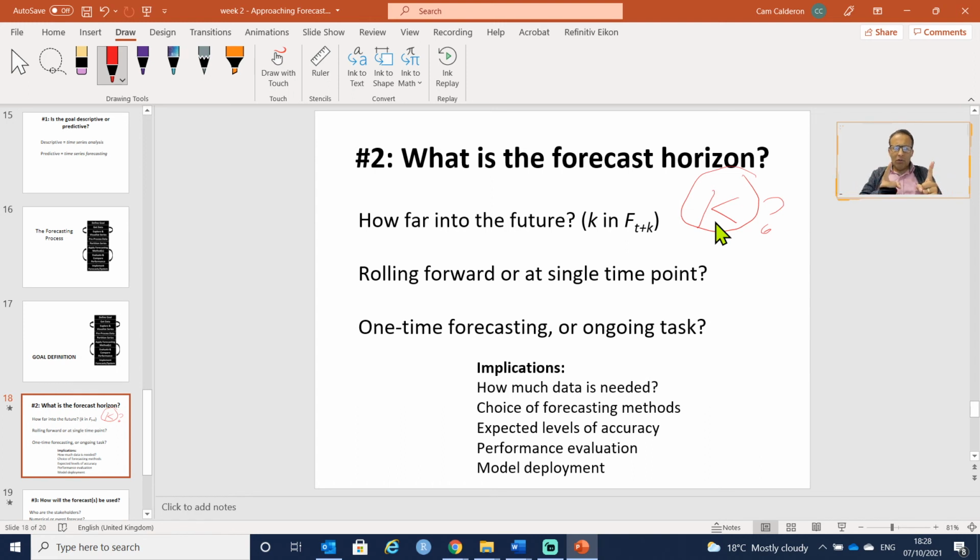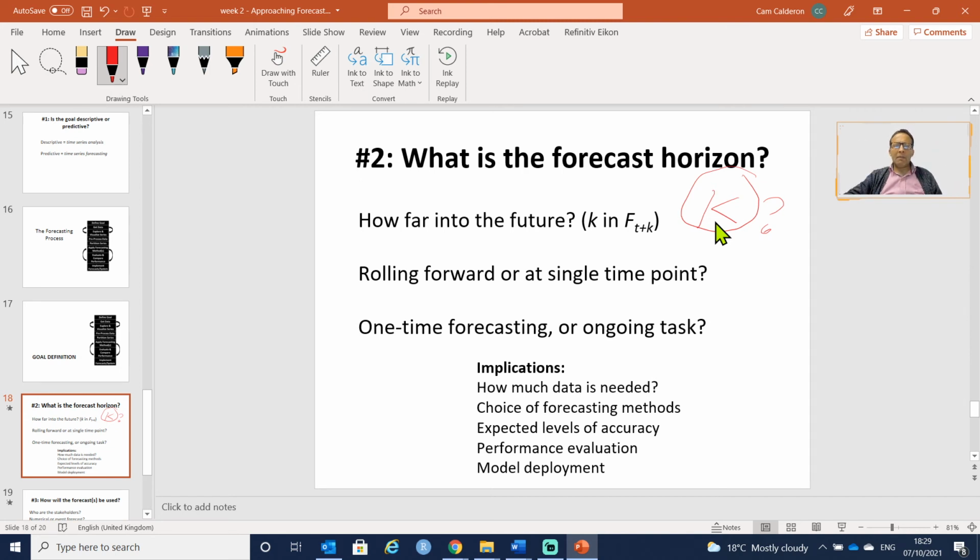You have the data up until now, and tomorrow you add the data of tomorrow, and the data of the next day, and the next day. So you carry on roll forward forecasting. Sometimes, if you are hired by, for instance, Leicester Council, or if you have a role as a researcher, you only need to forecast one time.